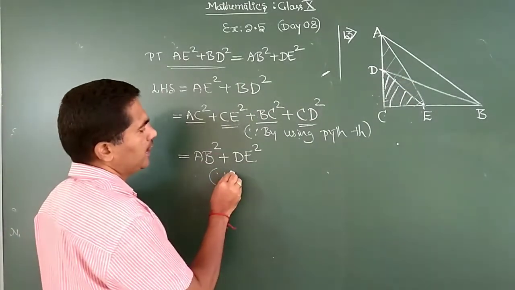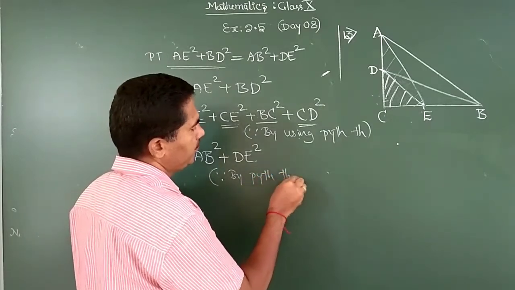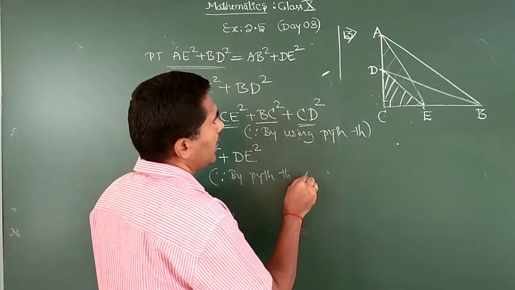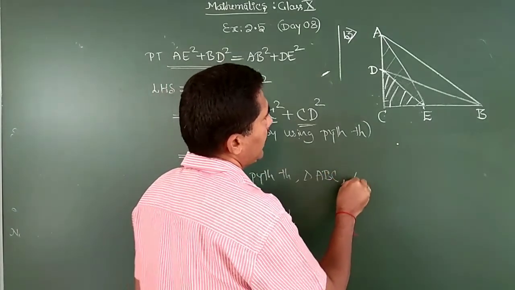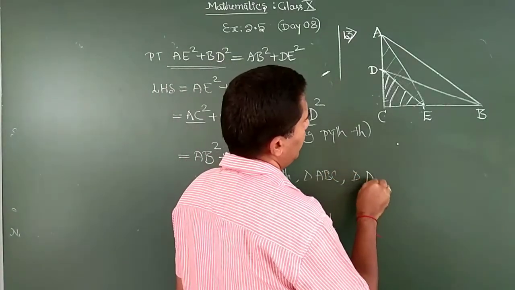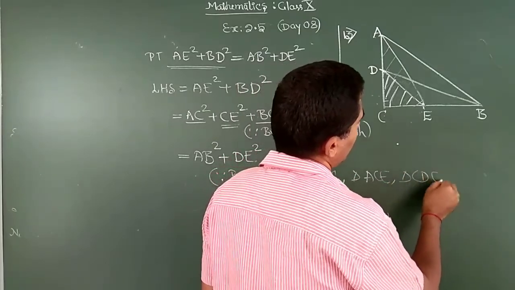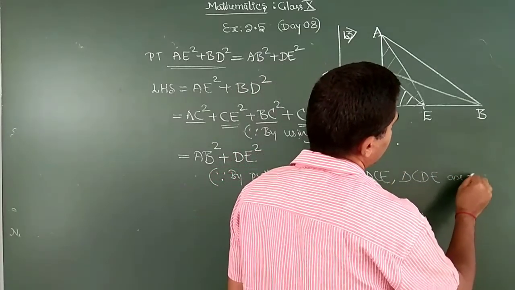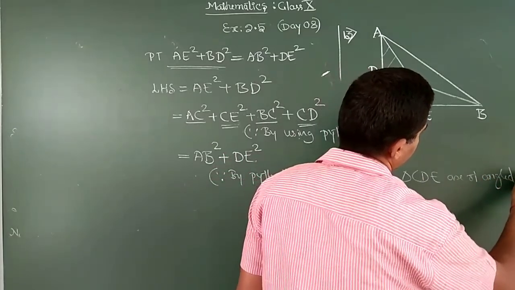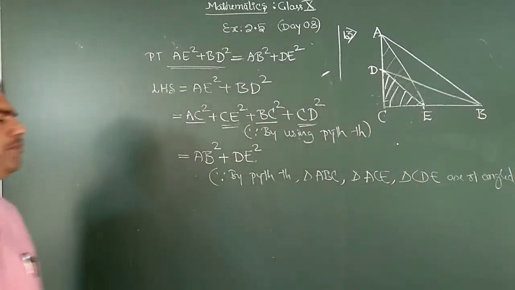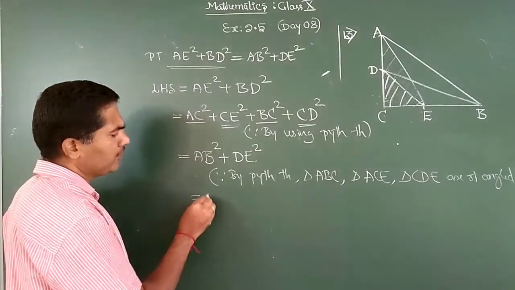Again by Pythagoras theorem, you can mention triangle ABC, triangle ACE, triangle CDE, all are right angle triangles. You can write, you have got AB square plus DE square, that's all. That is equal to RHS.